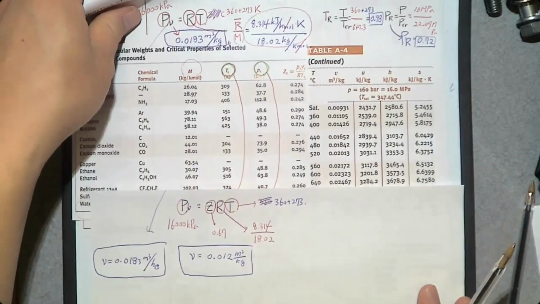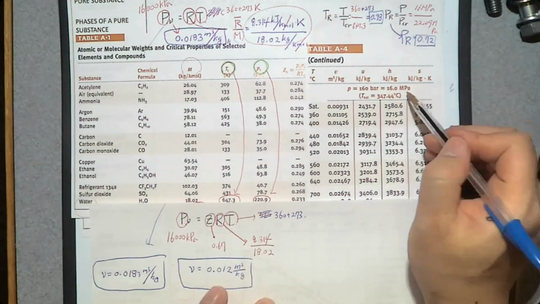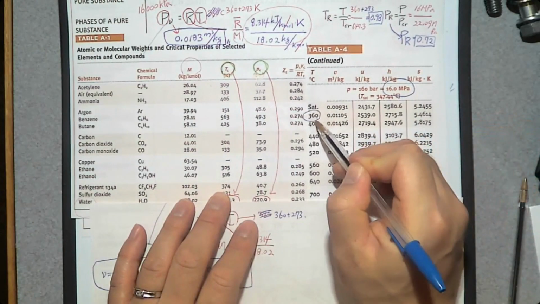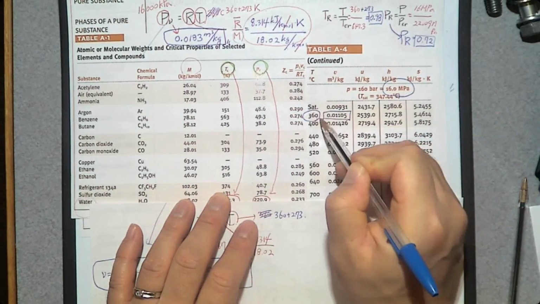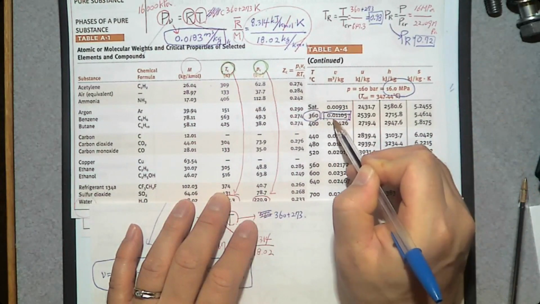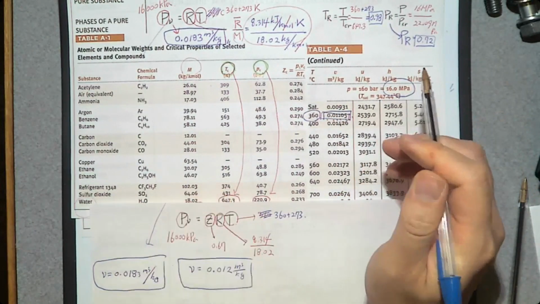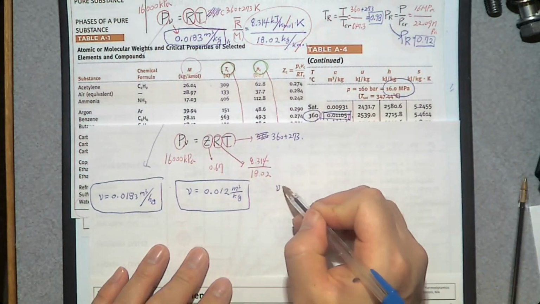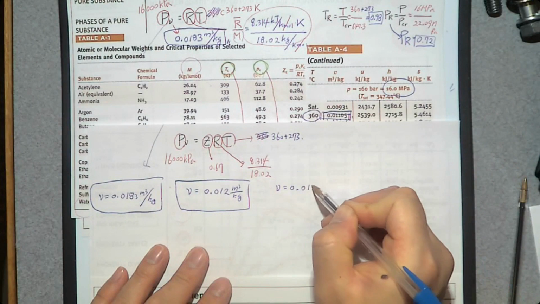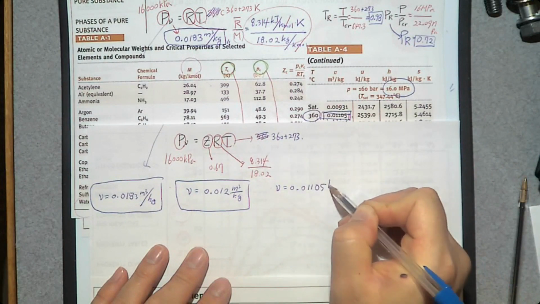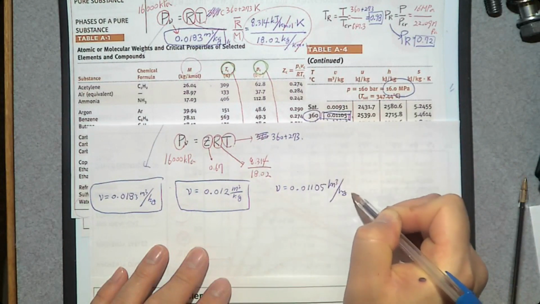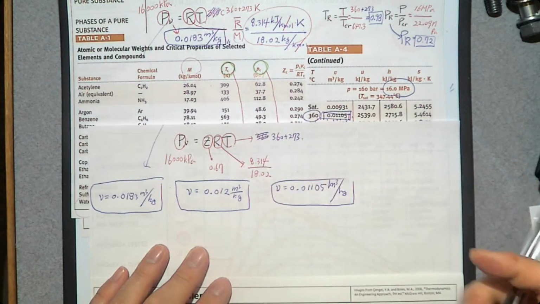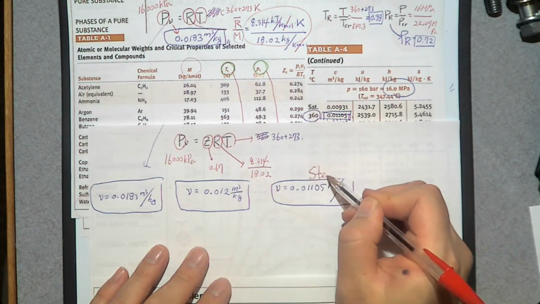Where is it? 16 megapascal, 360 degrees Celsius. The specific volume should be 0.01105 cubic meters per kilogram. So this one is from the steam table.